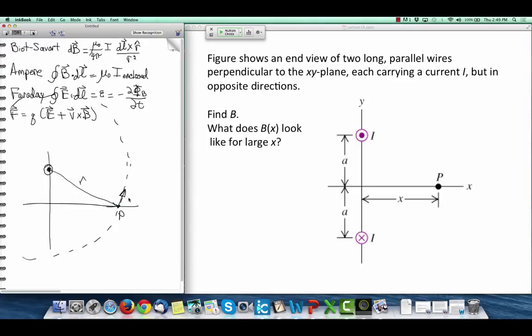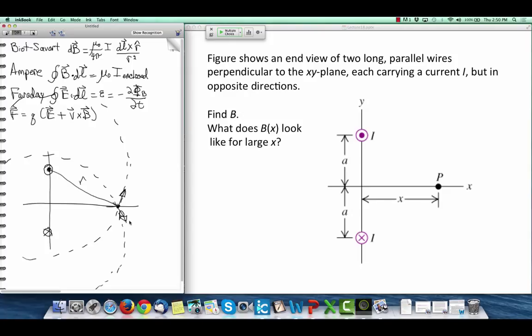And then separately, Ampere's law for this current: draw an Ampere's loop around that, and for that current, because of the right-hand rule, and that current is inward, you end up with a magnetic field that's in that direction.